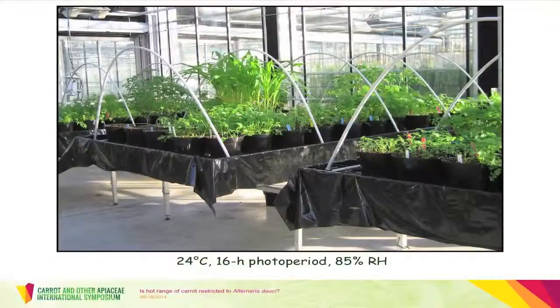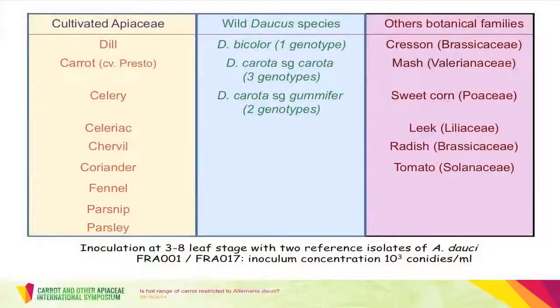This is why we did this experiment in our greenhouse, in controlled conditions. We inoculated 17 species belonging to 6 different botanical families. We inoculated cultivated Apiaceae, which you have here on the left, such as dill, carrot, celery, celeriac, etc. You have the list.